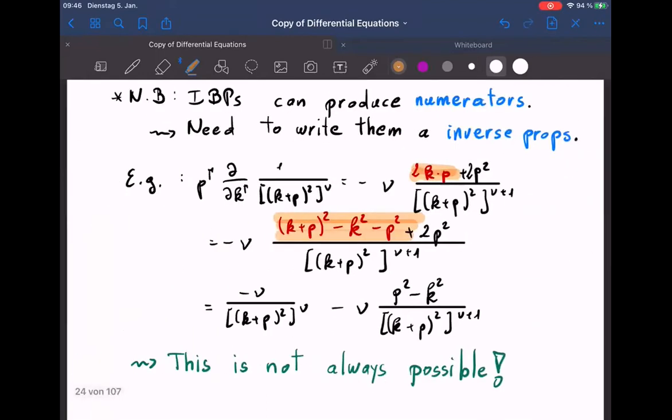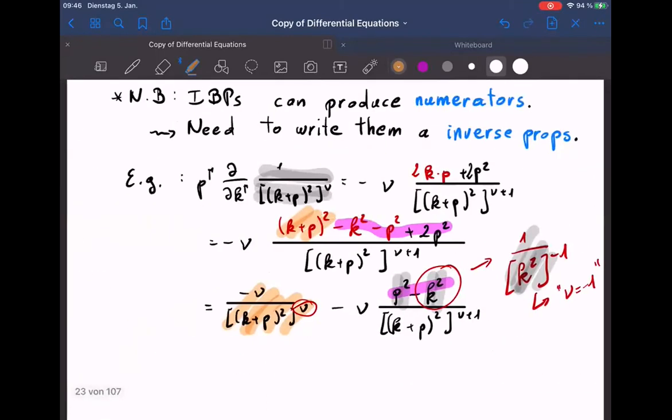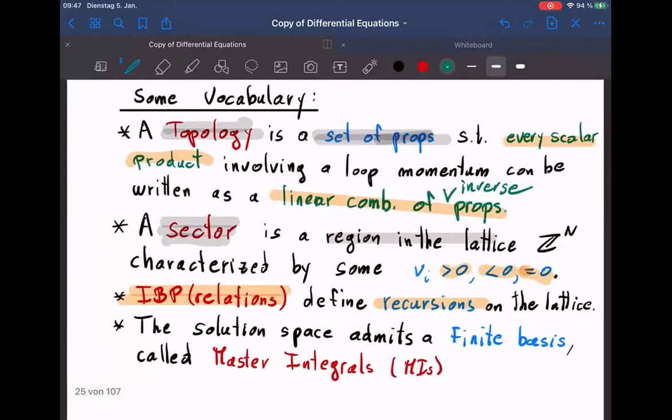For example, here nu is -1. So that would be in a sector where the exponent of this propagator is negative, which also means that the k-square propagator is absent because that term sits in the numerator. We will see that in an example in a second. As a concept, it's not very difficult. You just partition the lattice into the regions where the exponents are positive, or possibly 0.